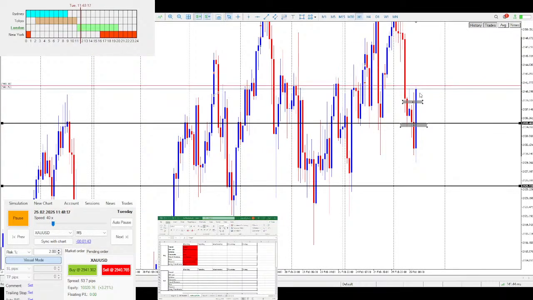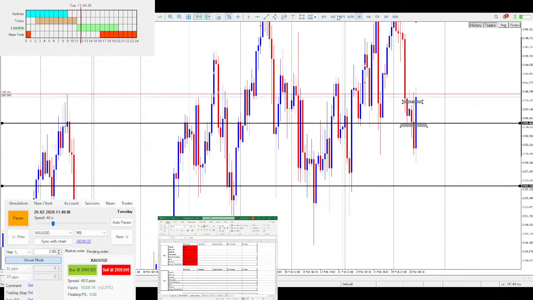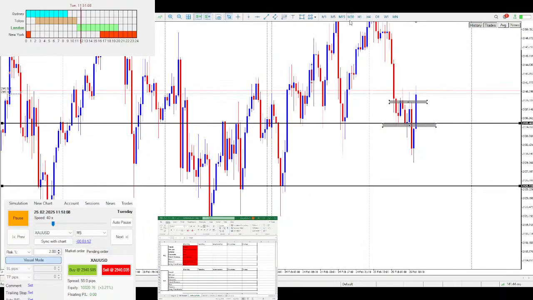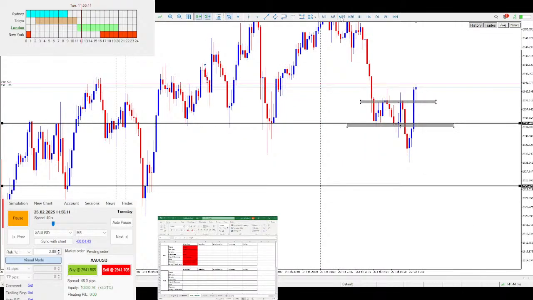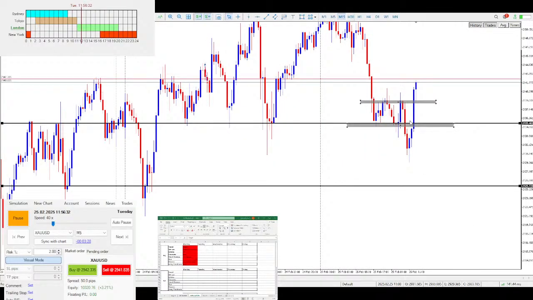There's no structure, both in the M15 and the M30 time frame. You can see this 1 hour candlestick broke the previous 1 hour low and high.